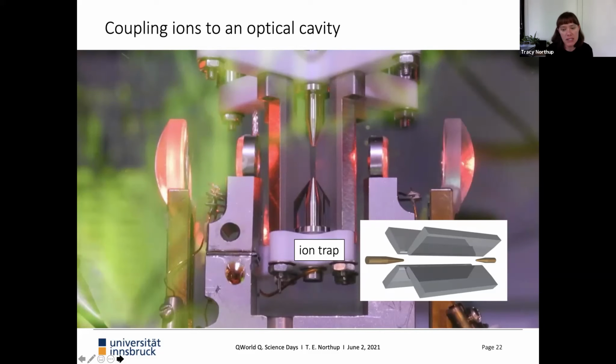Then these pointy electrodes that are a bit shinier above and below provide the DC confinement. We're typically putting voltages on the DC electrodes of something like 1,000 volts, and on the RF electrodes also amplitudes on the scale of 1,000 volts and frequencies of about 23 megahertz in this case.